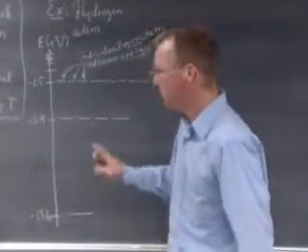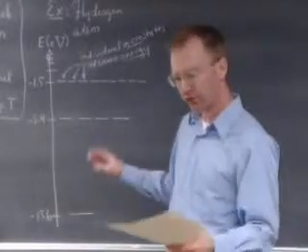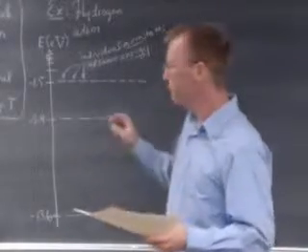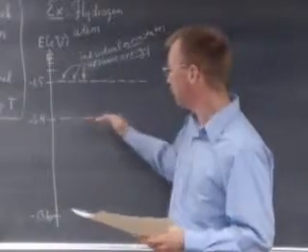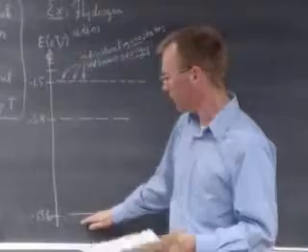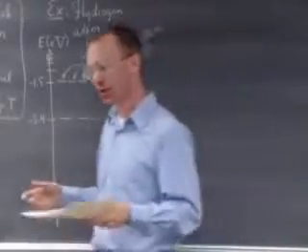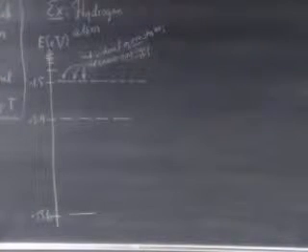Now, if you look at how many different individual microstates there are at each one of these macrostates, well, when you go up, there's one in the ground state. There's one situation that an electron can find itself in. What are the different microstates?